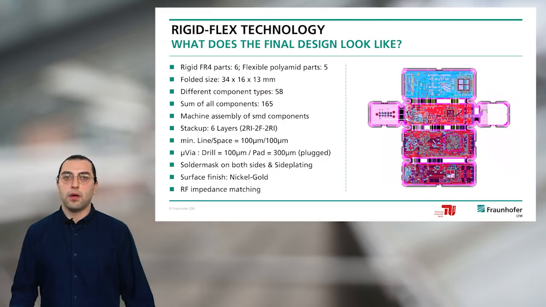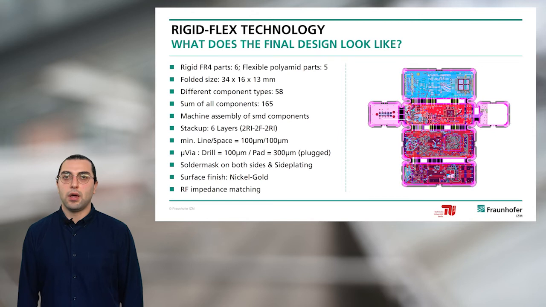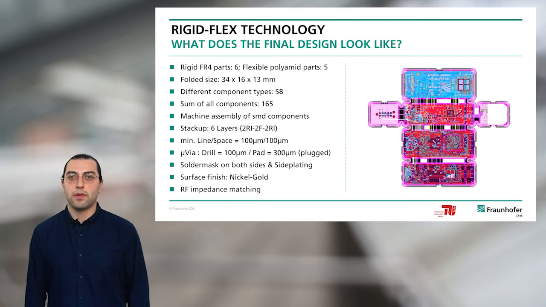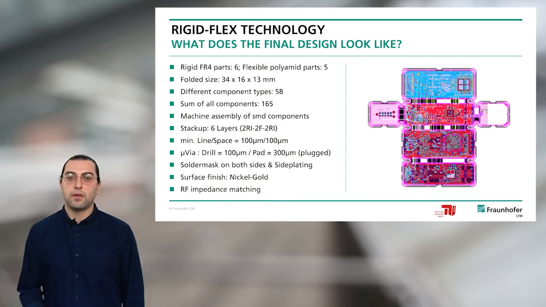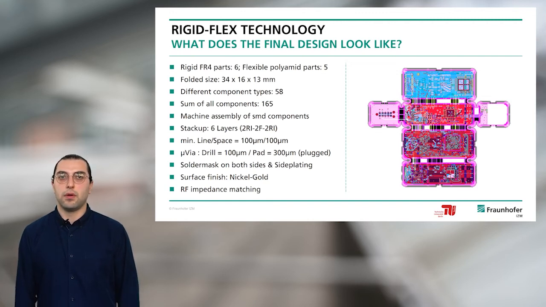So what does the final design look like? We have 6 rigid FR4 parts in the design. As you can see here on the left side, we have 5 flex parts that connect these rigid parts with each other. The overall size when folded is 34 by 16 by 13 millimeters.